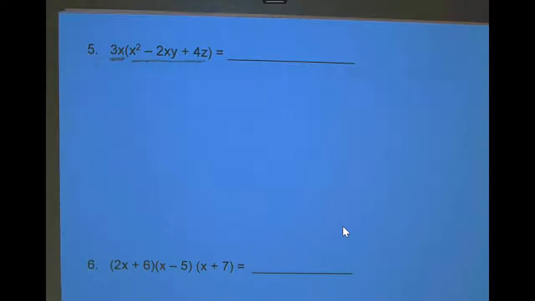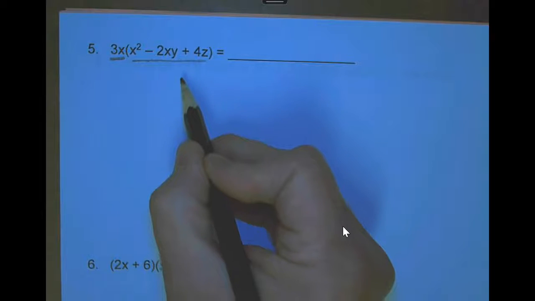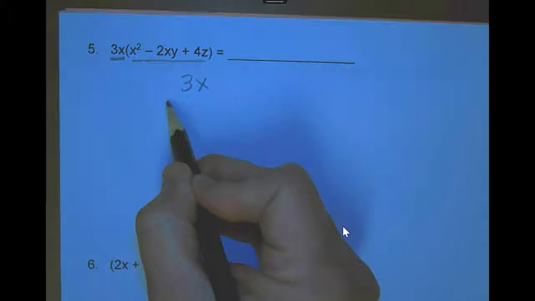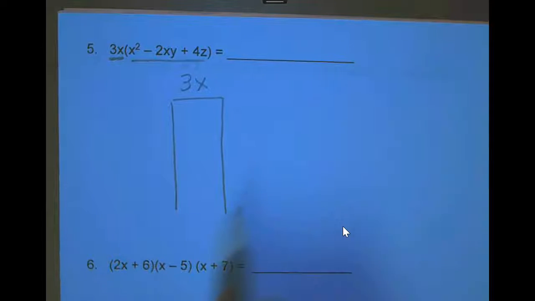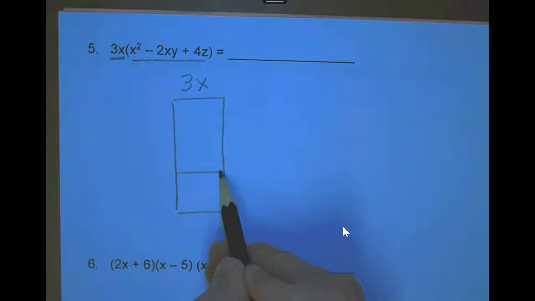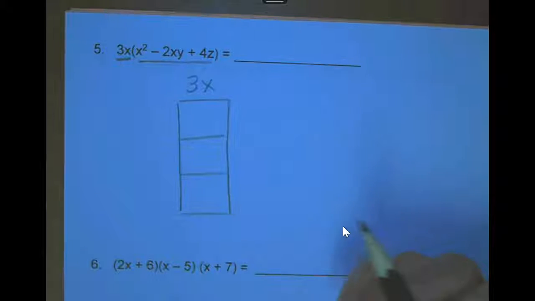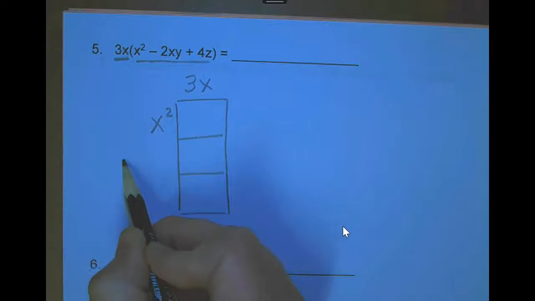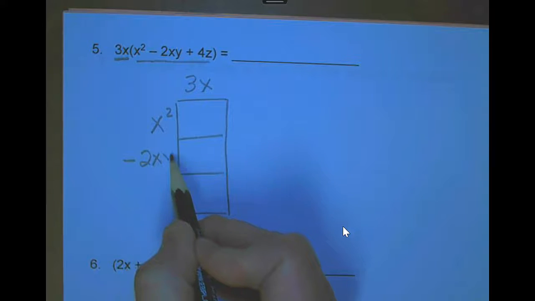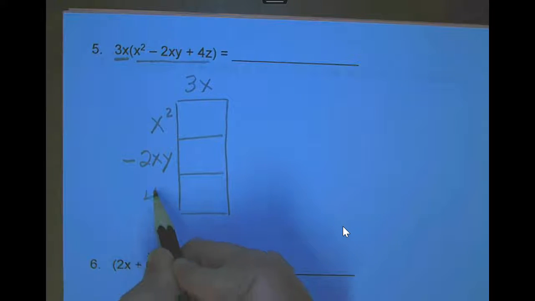So it's a trinomial. You can just distribute, but I am going to show you that you can use a box problem for this one too. That's why I like box problems, because they can help you with every kind of polynomial. And FOIL is just for a binomial times a binomial.